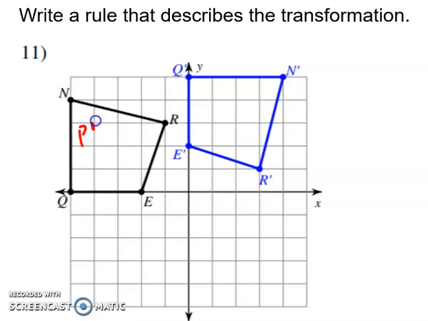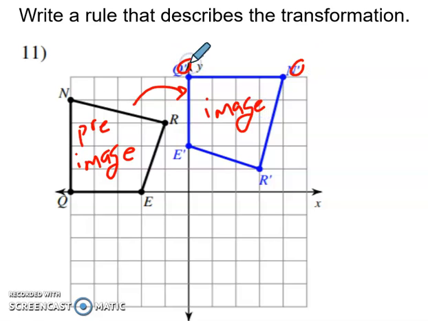So this is our pre-image, which means that this is turning into our image. And you can tell that all of these vertices have that apostrophe to it. So since they have the apostrophe, that means it's going to be our image. That's what happens after we do this transformation, and this happens to be a rotation.